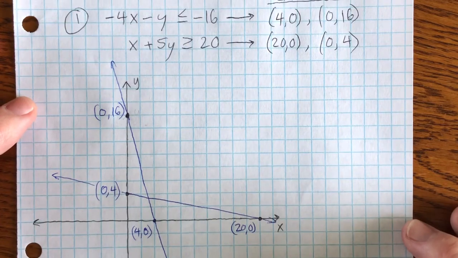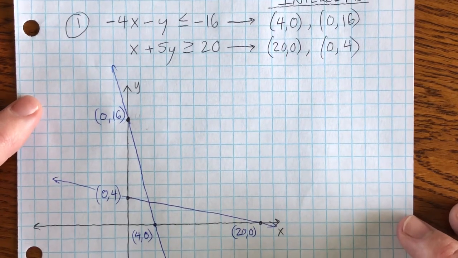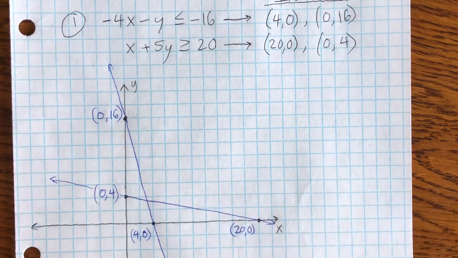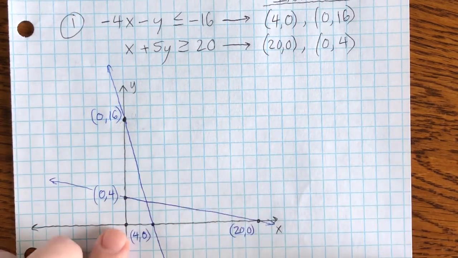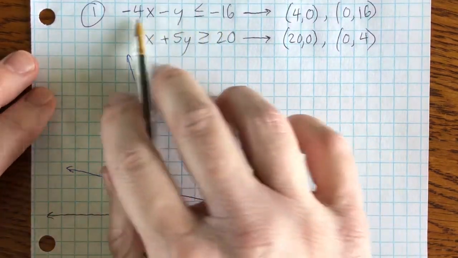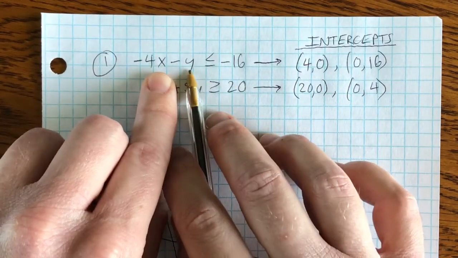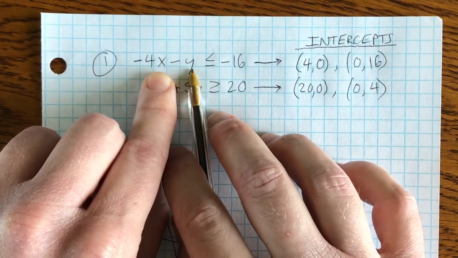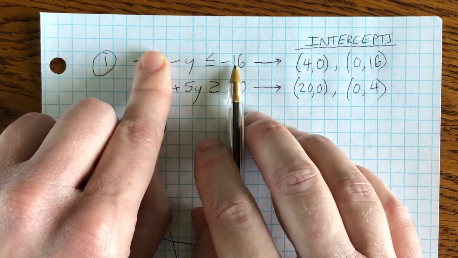What I'm going to do now is come up with a test point so I know which way to shade. My test point is going to be (0, 0), because (0, 0) is a point that is not on either of the 2 lines. So let's test (0, 0) in the first linear inequality. If x and y are both zeros, you would have 0 is less than or equal to negative 16.